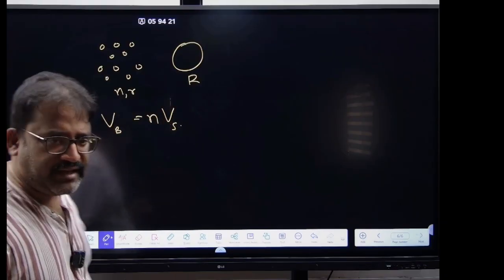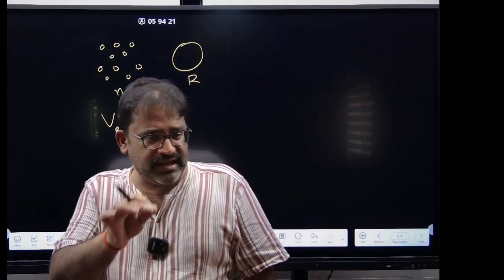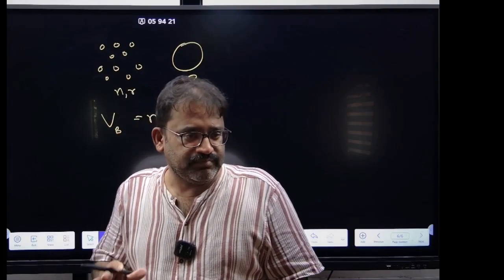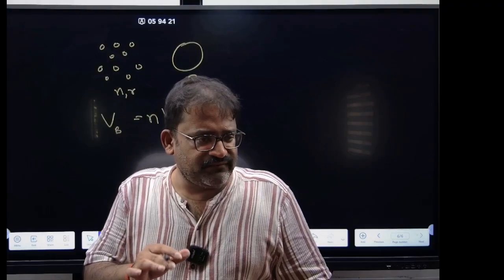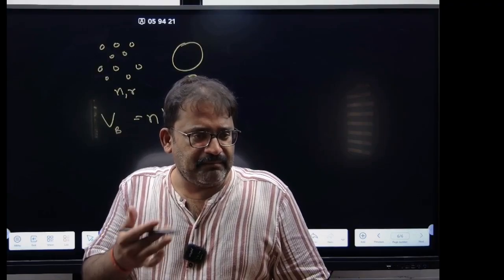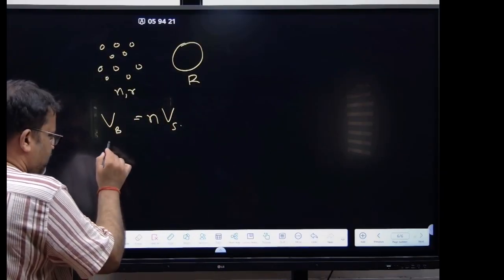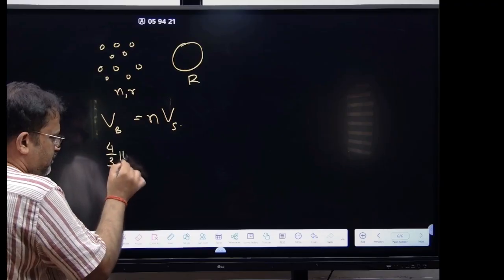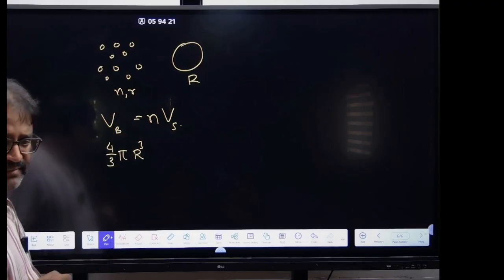Now, we take that the ideal shape of a liquid drop is a sphere. That means what is the volume of a sphere? 4 by 3 pi r cube. Correct? So, therefore, I can write here 4 by 3 pi capital R cube. Why capital R cube?